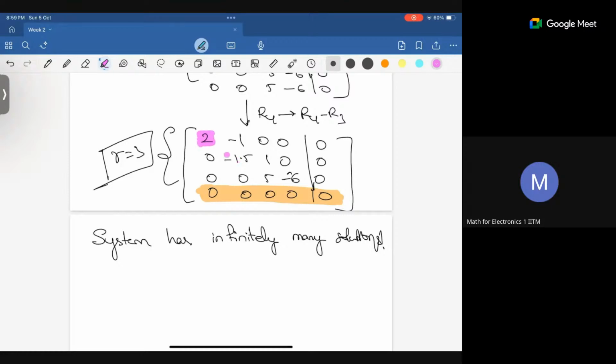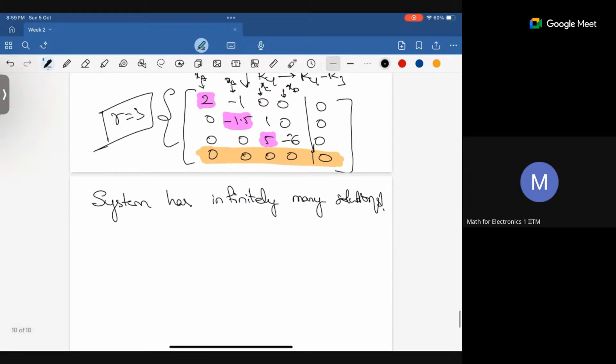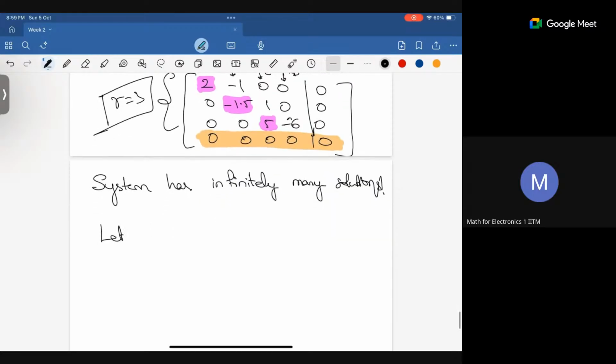So 2 is a pivot element, minus 1.5 is a pivot element. For row 3, 5 is a pivot element. So this is XA, XB, XC, and this is XD. So the XD column doesn't have any pivot element. So you can choose or let XD to be some K, where K is now not just any real number.